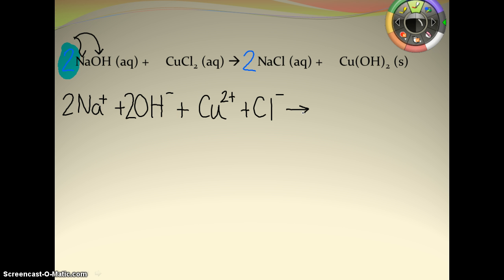So yields. We have sodium chloride. Sodium is a +1. Chlorine is a -1. Again, here we have this 2 in front, so we're going to distribute that 2 to our ions. So that actually makes us have 2 sodium ions plus 2 chloride ions. Moving on to our next product.